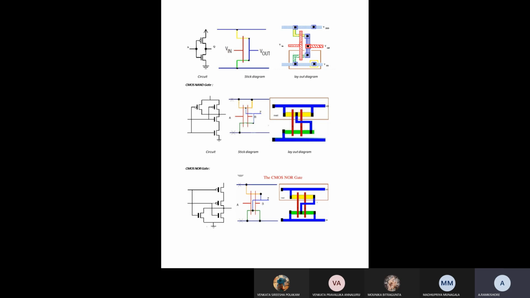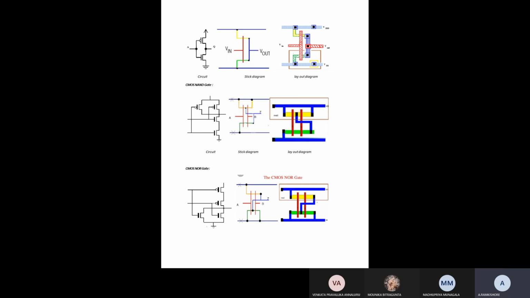Mostly, VLSI technology is such that it should not take a much wider area within the design. So we have to save as much area of the circuit as we can.